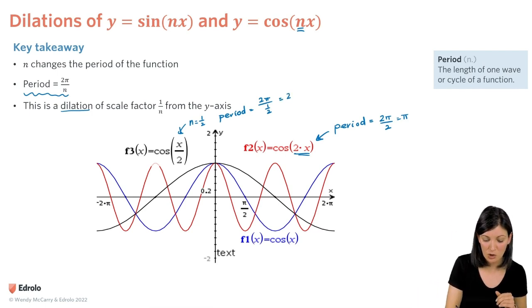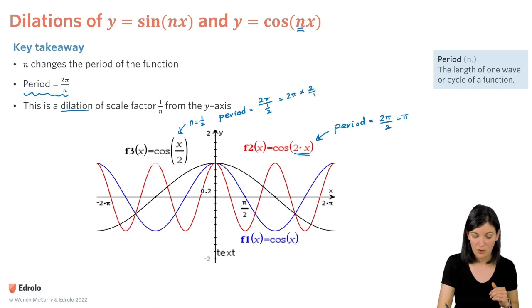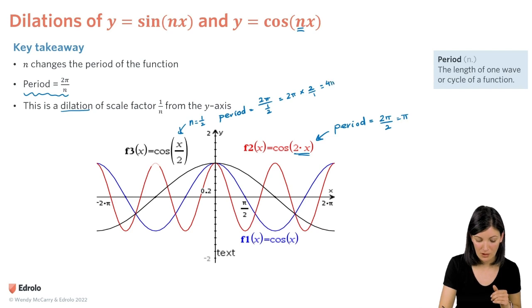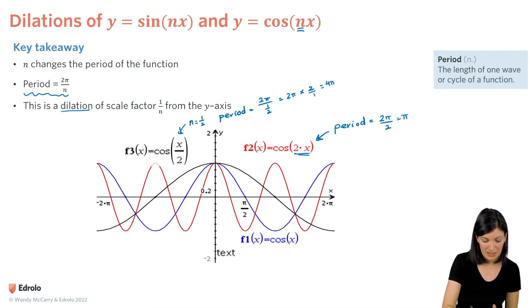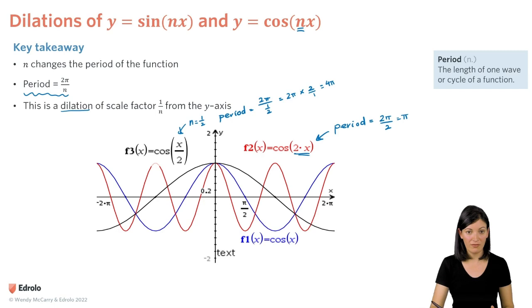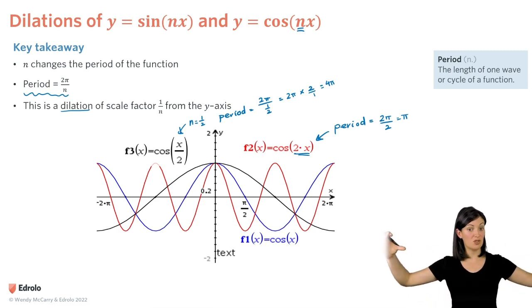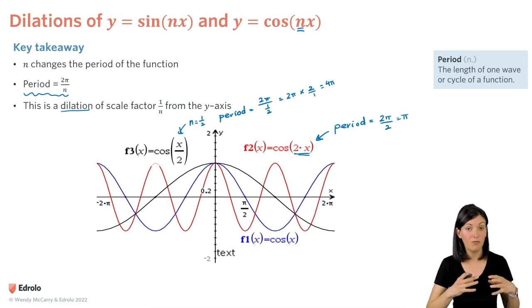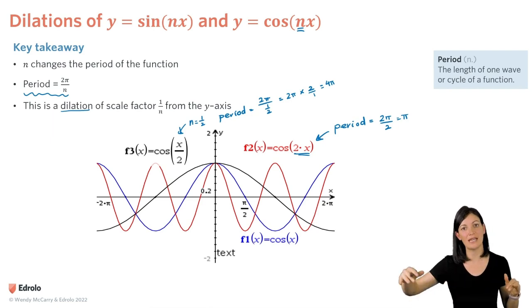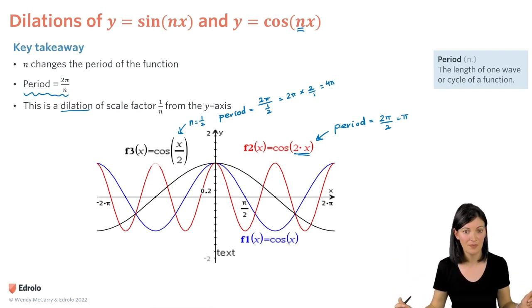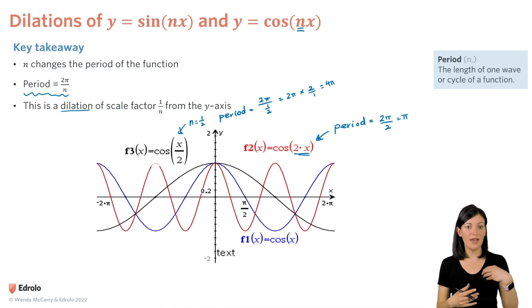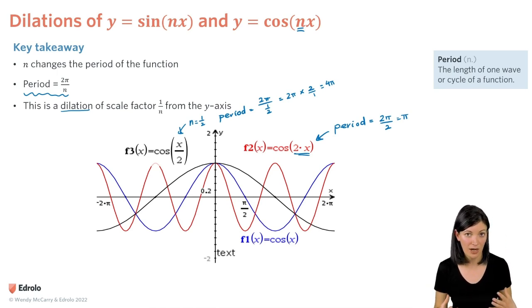So this becomes 2 pi times 2/1, which is 4 pi. Okay, so you can see for this black graph here, that's actually been sort of stretched out. Its period is now 4 pi, so it only repeats every 4 pi radians. Okay, so remember that the value of n here is going to impact the period of your graph.